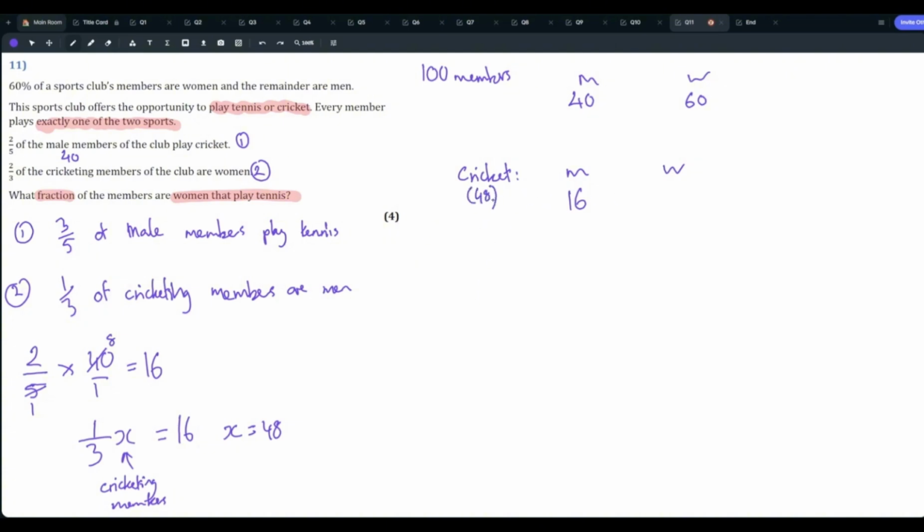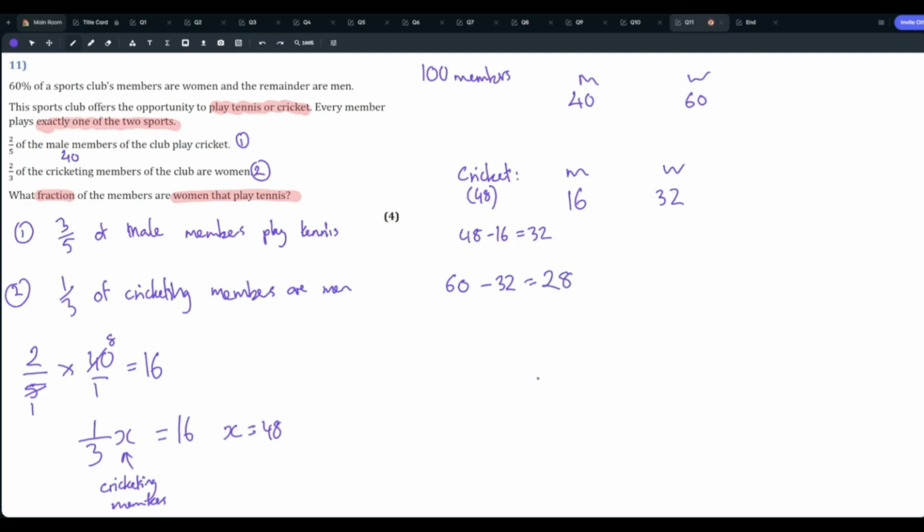Then 48 take away 16, sorry, is 32. So this becomes 32. If 32 women play cricket, remember how many women are there? There are 60. So if I do 60 take away 32, the remaining must play tennis.